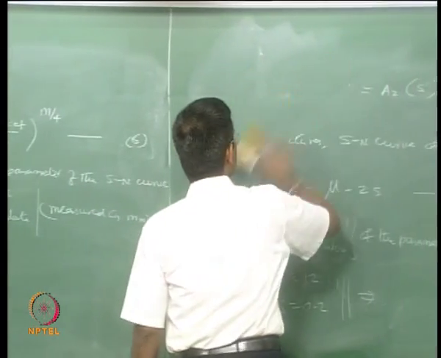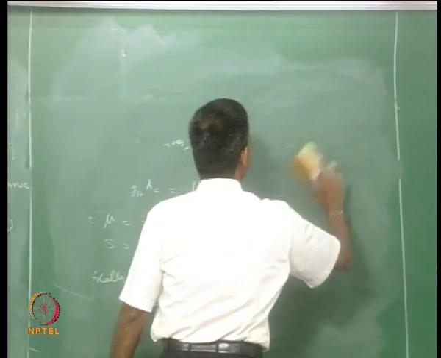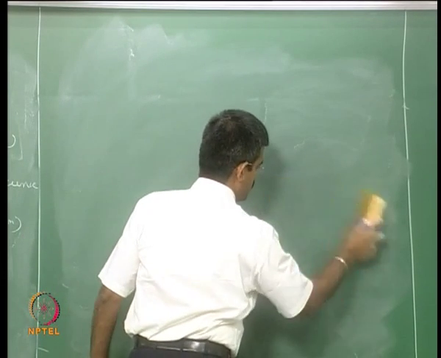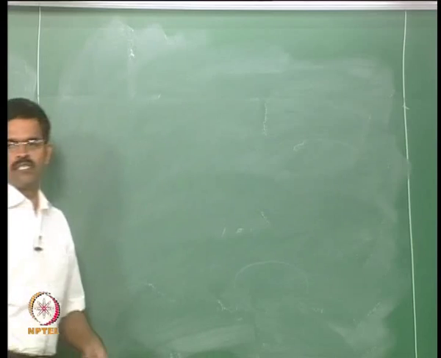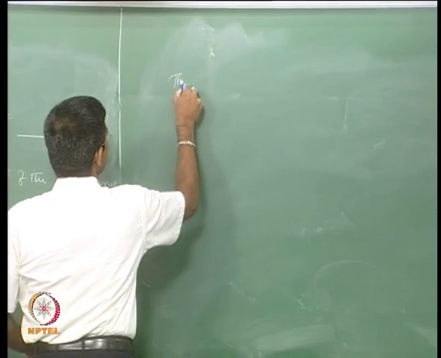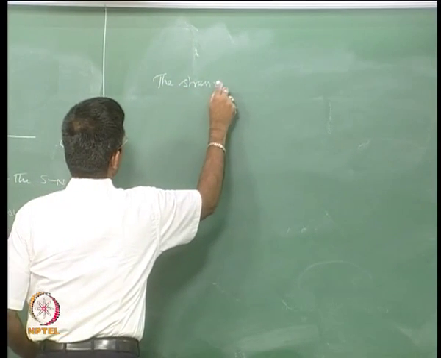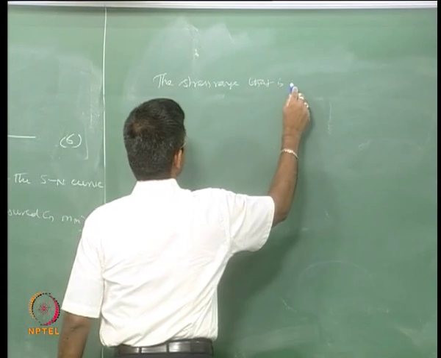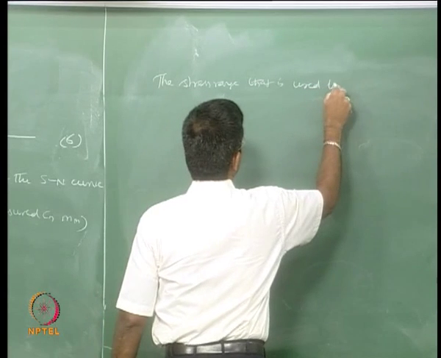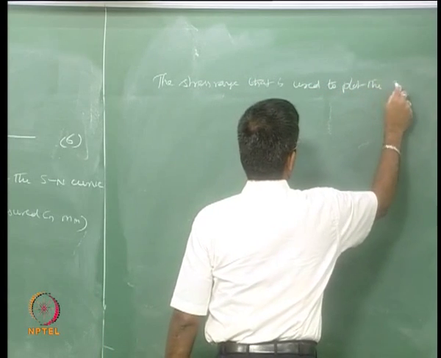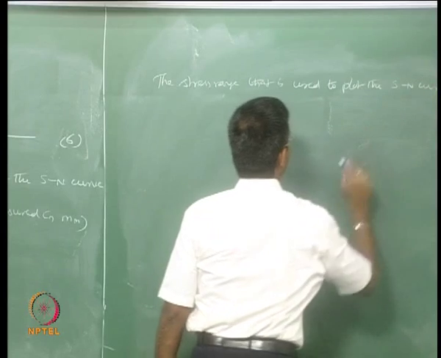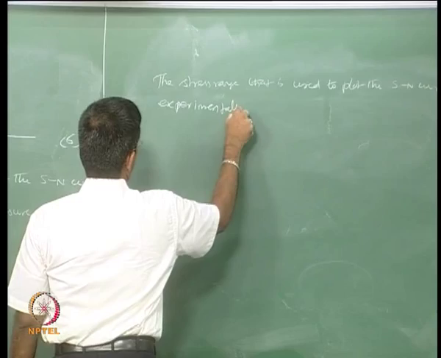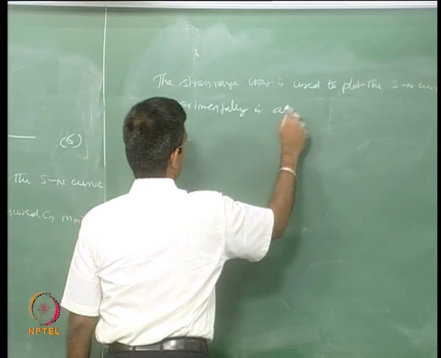Now, we already said that SN curves are experimentally generated or plotted on different types of specimen for a specific stress range. So, the stress range that is used to plot the SN curve experimentally is as below.